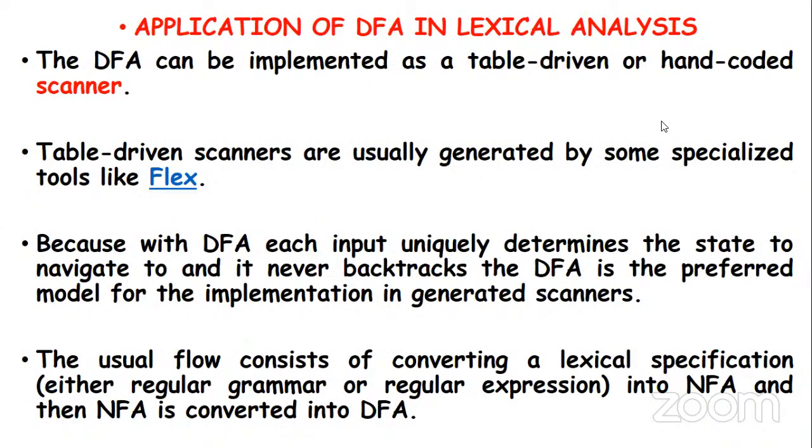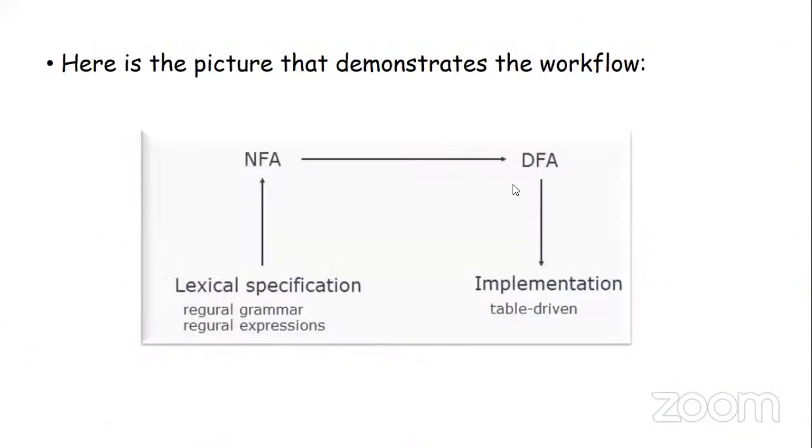When you say DFAs, deterministic finite state automata, right? Automata can be classified into two, which are deterministic finite state automata or non-deterministic finite state automata. A DFA can be implemented as a table-driven or hand-coded scanner, right? So an automaton or finite state machine can be implemented as a lexical analyzer and a host of others. So that's what we have here.